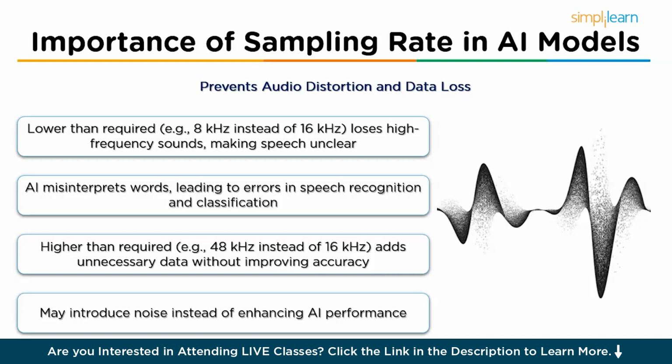So AI models may misinterpret words, leading to incorrect speech recognition or poor audio classification. And using a higher sampling rate than required, say a model trained for 16 kilohertz but you provide 48 kilohertz audio, the extra information isn't useful because the model doesn't know how to handle it properly. In some cases, higher sampling rates increase noise instead of improving accuracy.